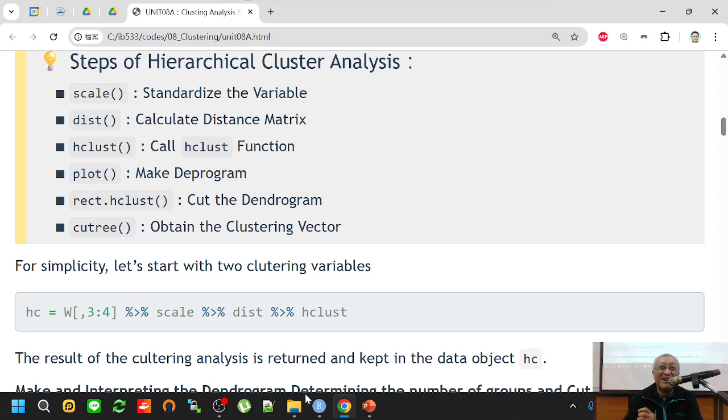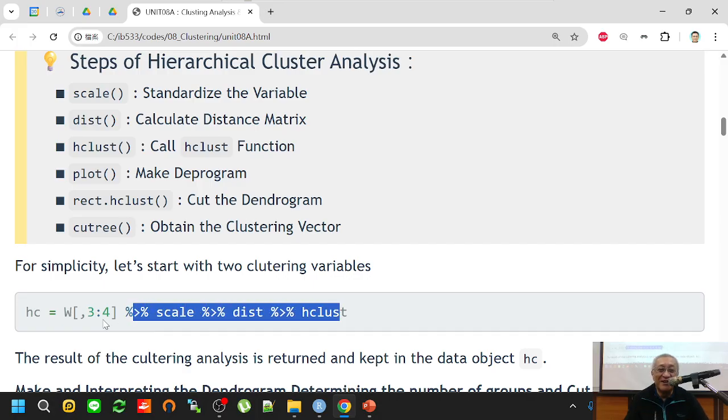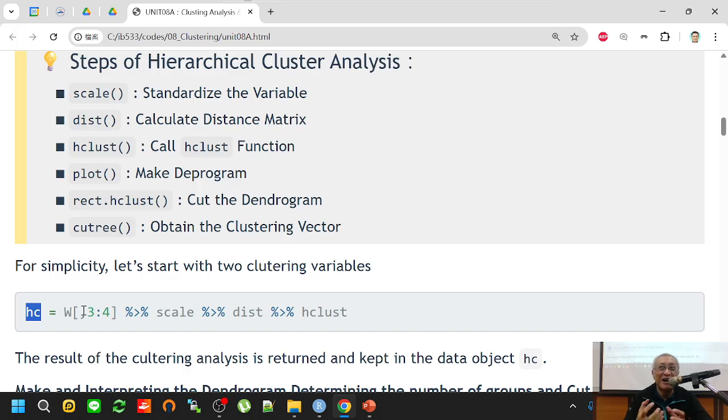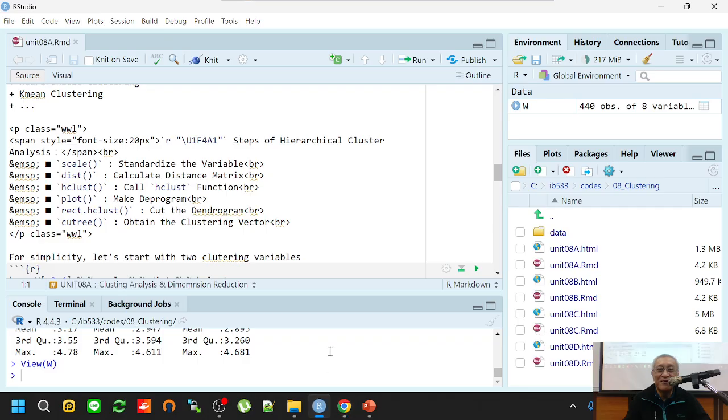Every step is just a simple function call. Then you can pipe them together, and after you give the data, process the data through this pipe or function, it will produce a hierarchical clustering data object. Let's take a look at it.